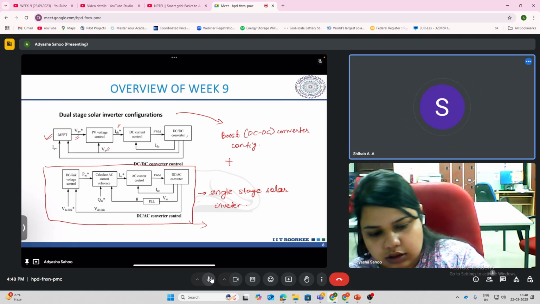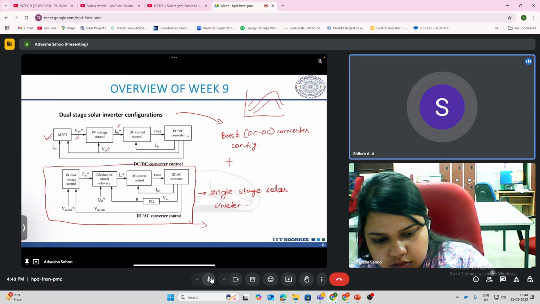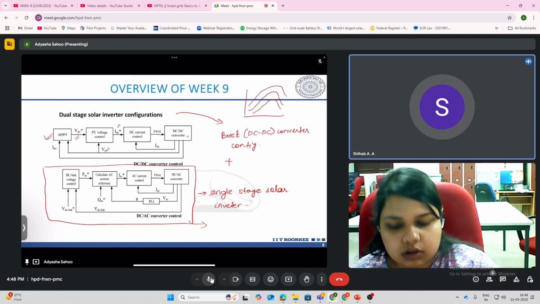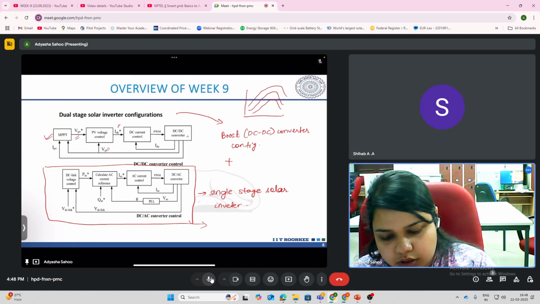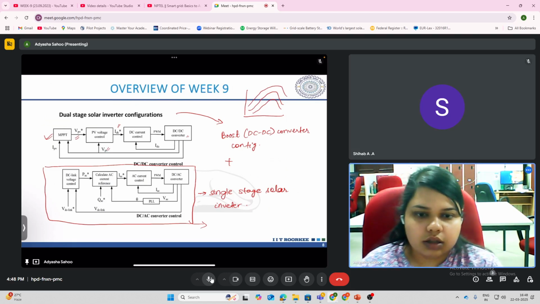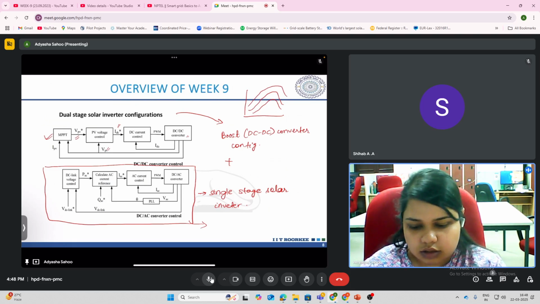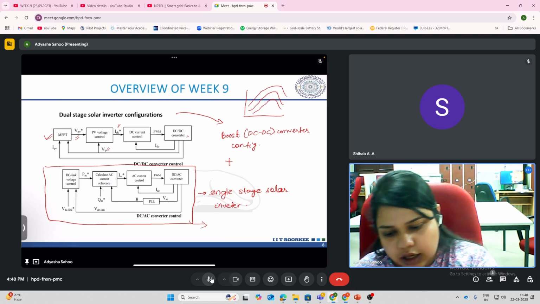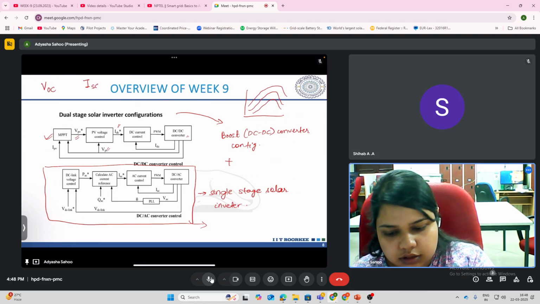MPPT mode is basically, if you see, you have the curve as something like this, no? So in the maximum power point tracking, what we do is basically look at the power that can be extracted. At all times you have one operating voltage, the VOC of the panel, and I short circuit.